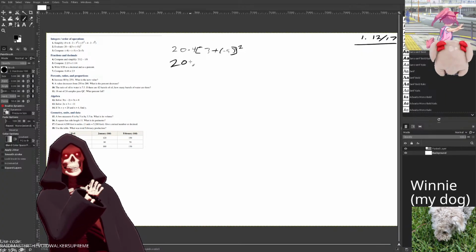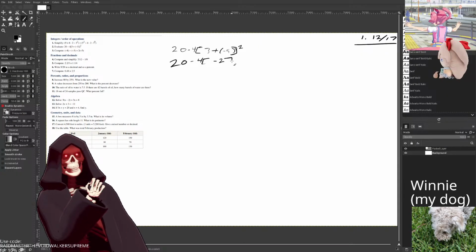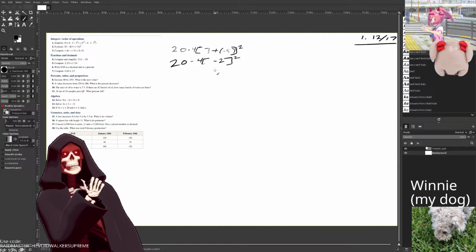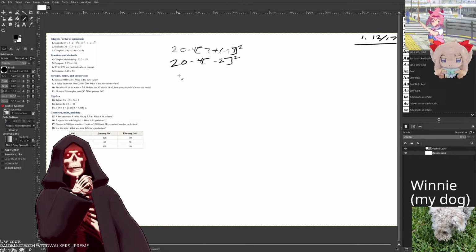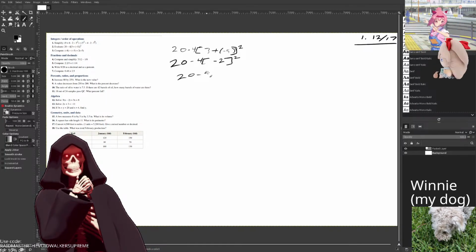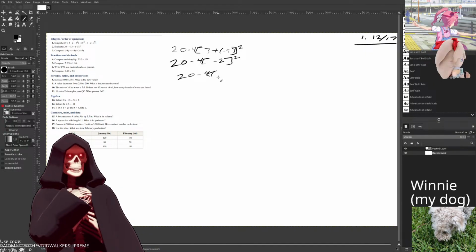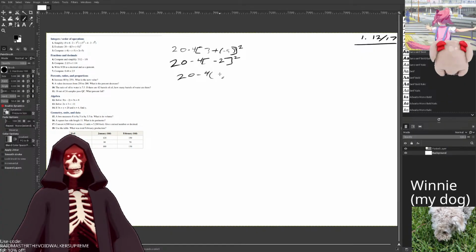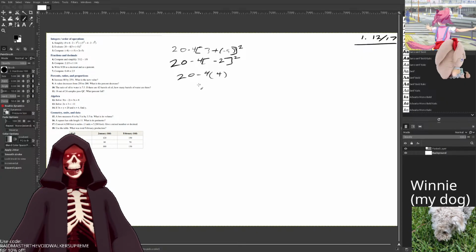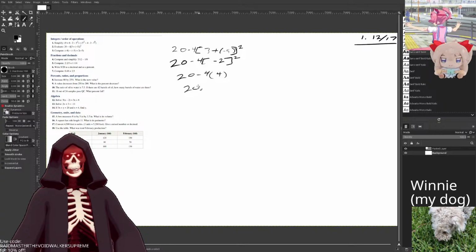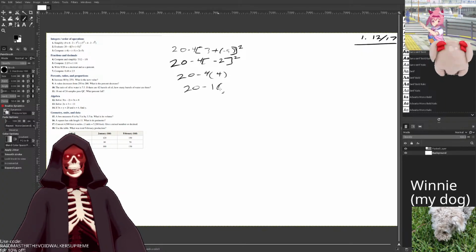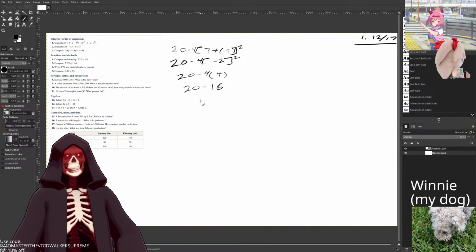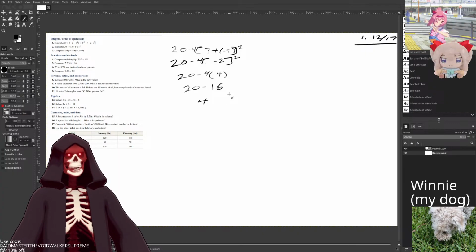So we have 20 minus 4 times -2 squared, which is equal to 20 minus 4 times 4. So we'll take 20 minus 16, which is equal to 4.